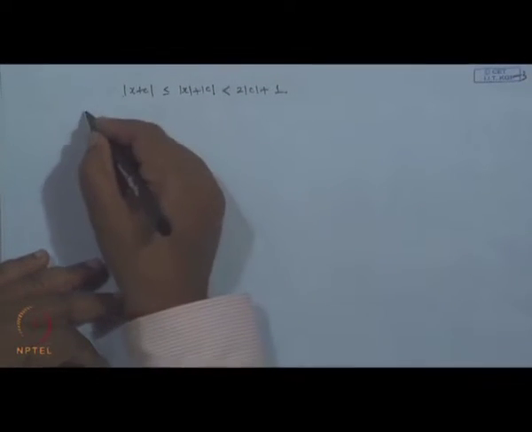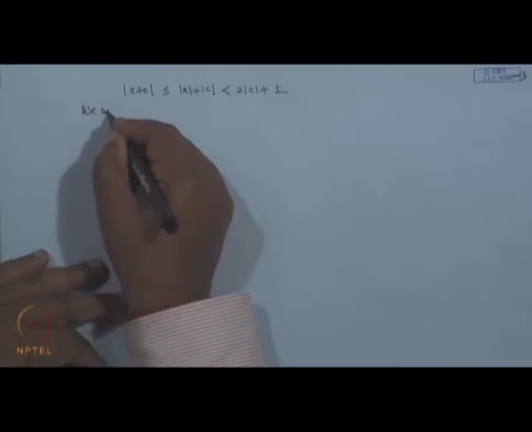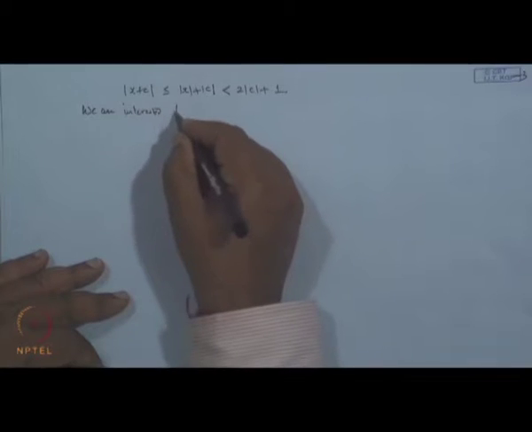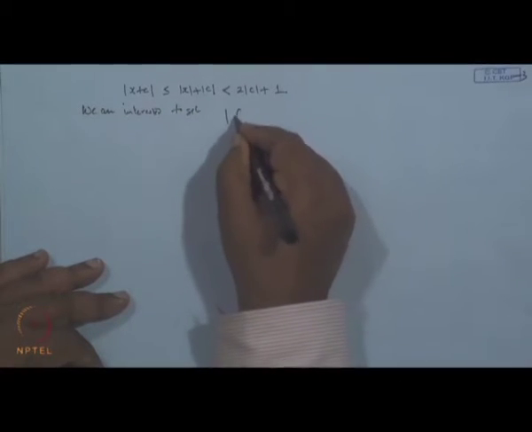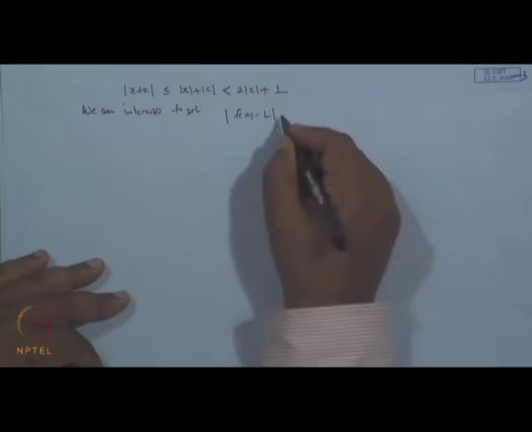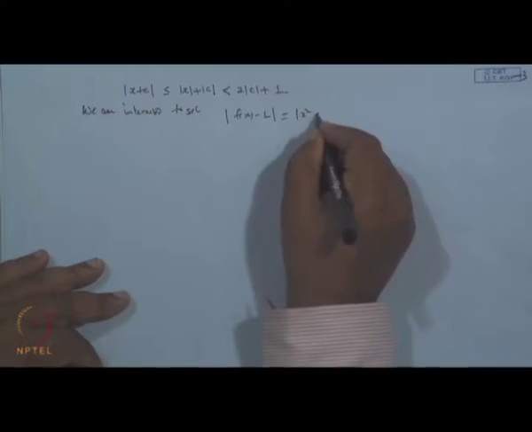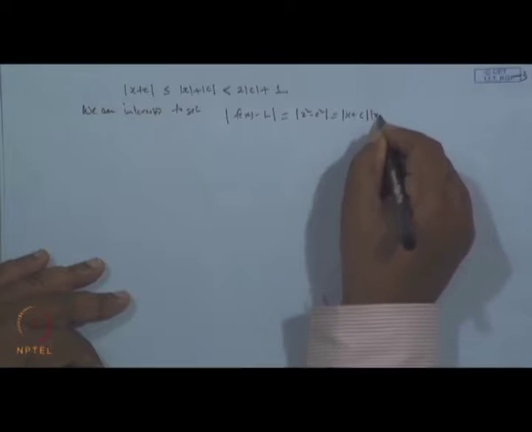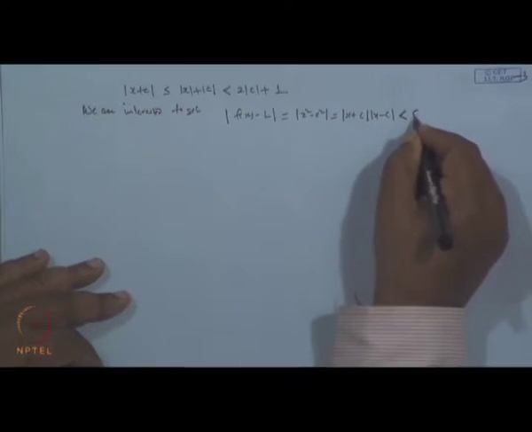Now, what we are interested in is to get f(x) minus L, which is the same as x square minus c square, which is the same as mod x plus c times mod x minus c, to be less than epsilon.